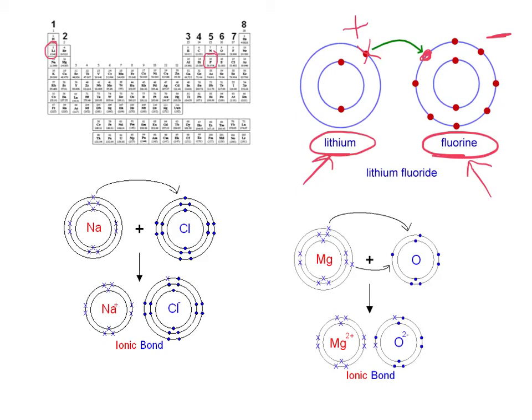Here's an example with sodium. Sodium is in family 1 as well, so it has 1 valence electron, and it's trying to get rid of it. Chlorine is in family 7, so it needs 1 more valence electron to fill that energy level.